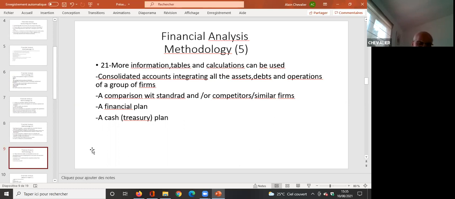And another way to analyze the liquidity and solvency position is a cash or treasury plan. What will be the inflows and outflows of the company in the next few months? If I then calculate the differences between these inflows and outflows in the next weeks or months, depending on the kind of company, what will happen?